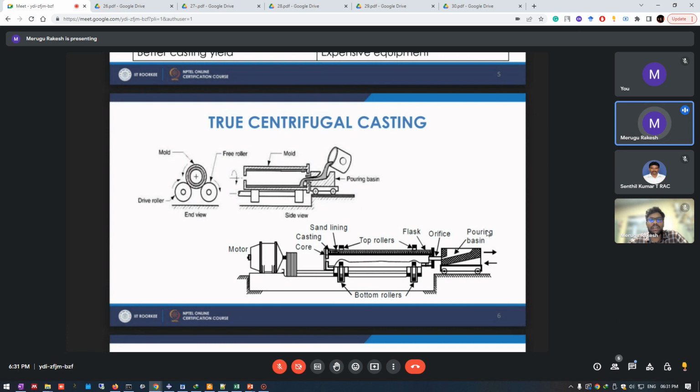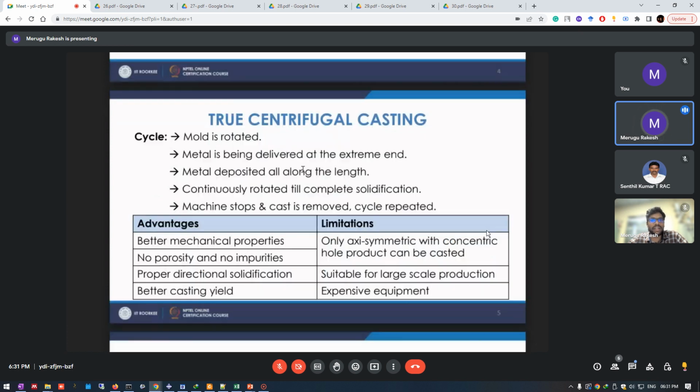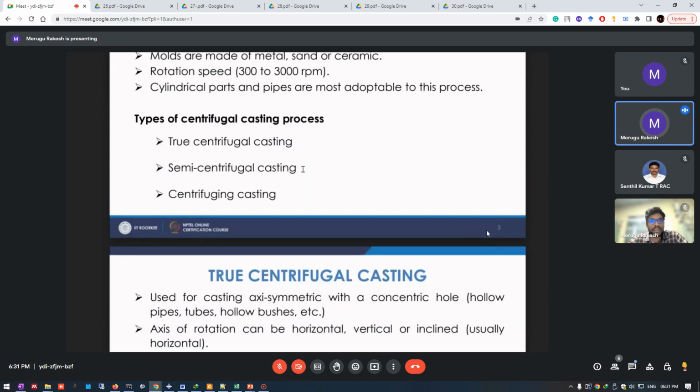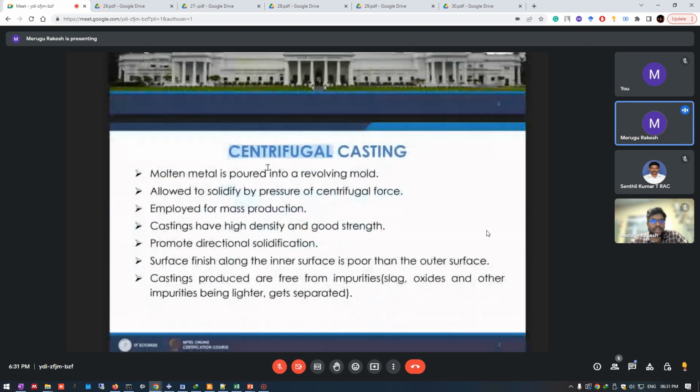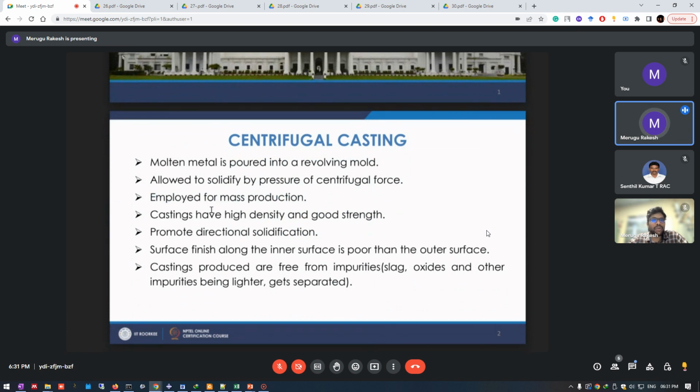So we generally get cast iron pipes that are mainly made by centrifugal casting. Molten metal is poured in the revolving mold and allowed to solidify under the pressure of centrifugal force. It is employed for mass production, and it will have very high densities because of the centrifugal action, promotes directional solidification, and gives good surface finish.